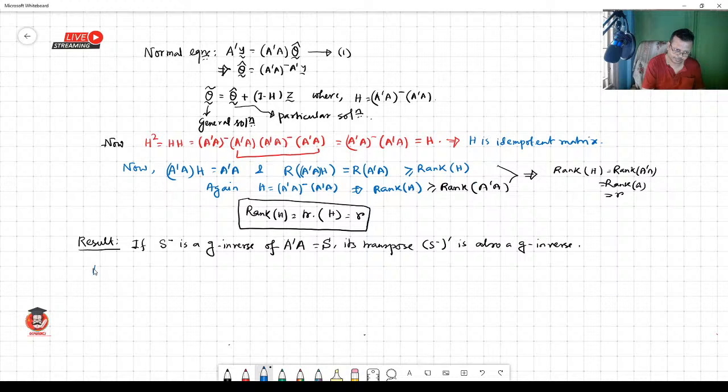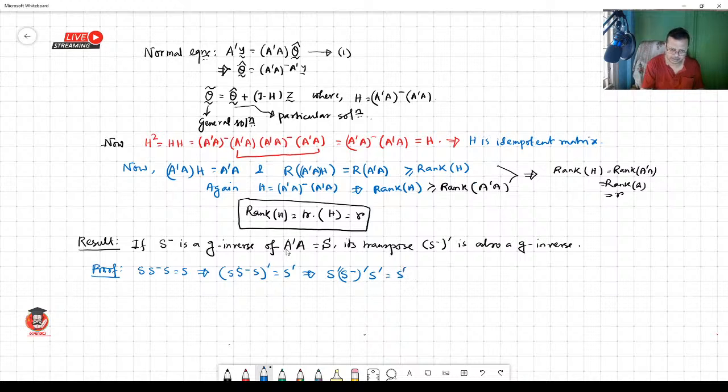Proof. We know S G inverse S is equal to S. This implies (S G inverse S) whole prime is S prime, this equal to S prime (G inverse) prime S prime.